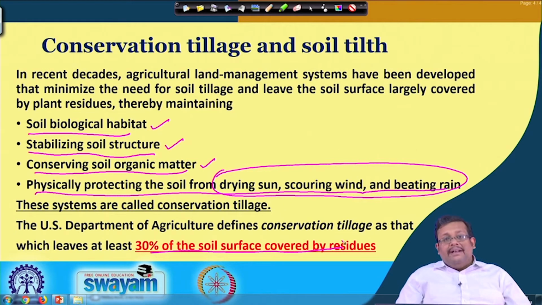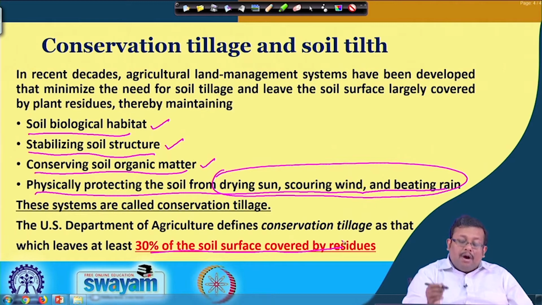You have to maintain at least 30% of the soil surface covered by residues, so that you can conserve organic matter, you can produce a stabilized soil structure, and you can produce a better habitat for soil biological organisms.